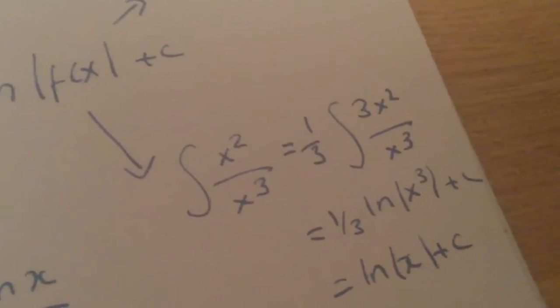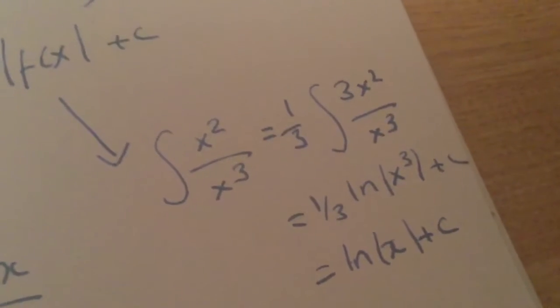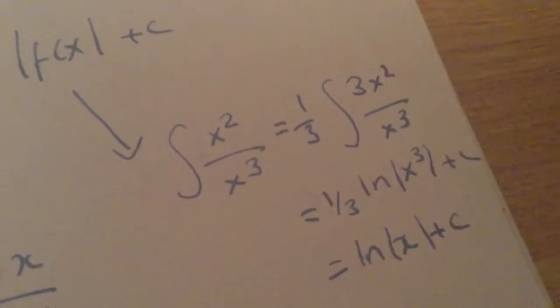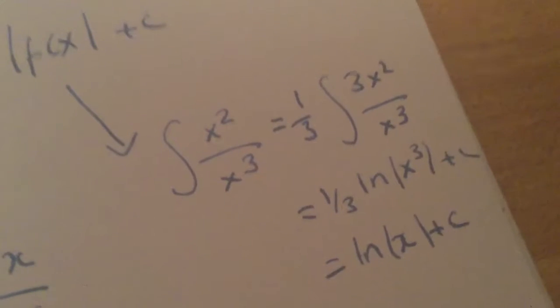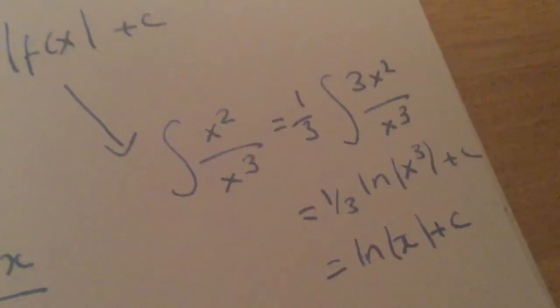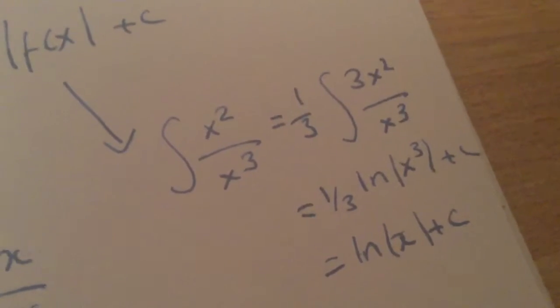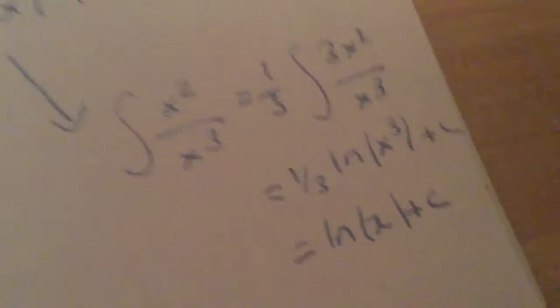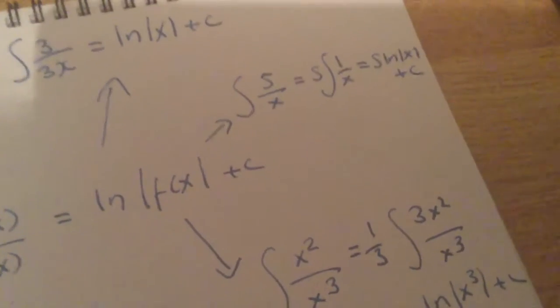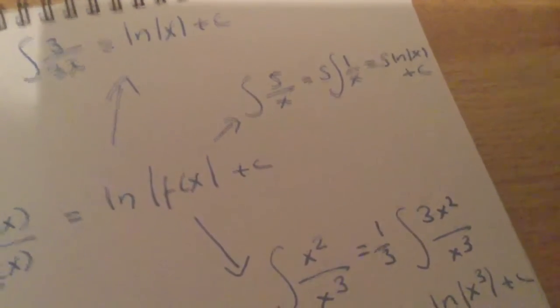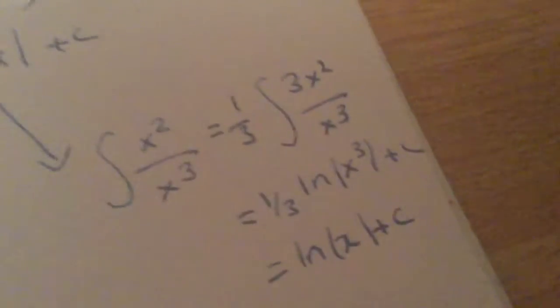But remember from the laws of logs, and this is something I'm going to use again in just a moment, if you have a number on the outside, that's actually just going to be a power of the thing that's inside the log. So that's basically x cubed to the power 1/3. So 3 times 1/3 will just cancel to be 1, so you get ln x again, just like I claimed here. So simplification or doing the division or multiplication, the manipulation of the integral, works out in the same way. You end up with the same answer.